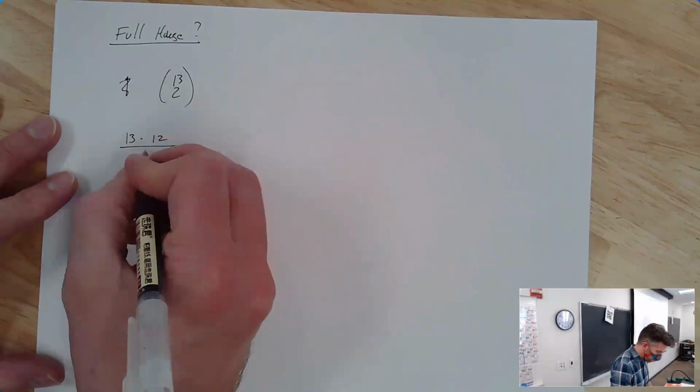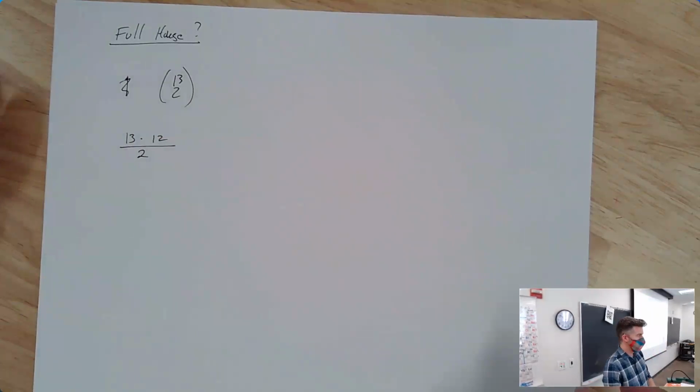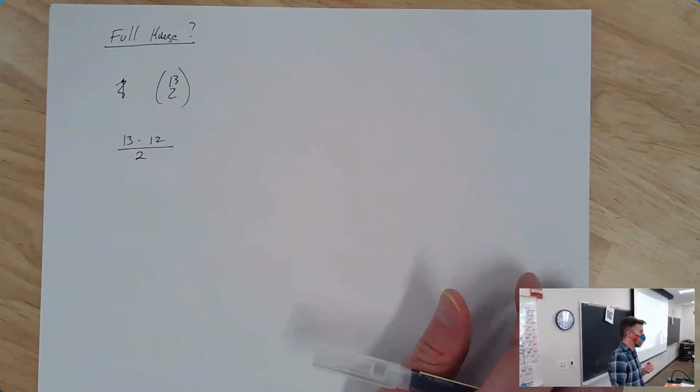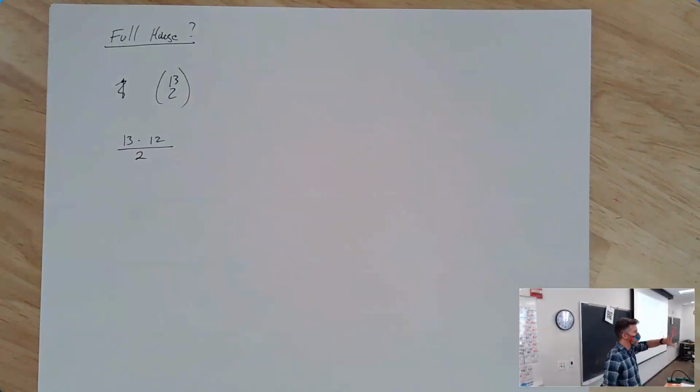That's 13 times 12 divided by 2. The problem is we do care what order they're in. The reason we care is which one is the 3 of a kind and which one is the 2 of a kind. It actually matters. 3 aces and 2 5s is different than 3 5s and 2 aces, and one of them is a better hand than the other one.